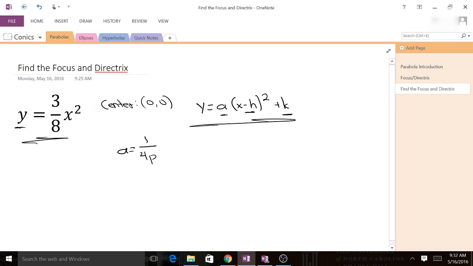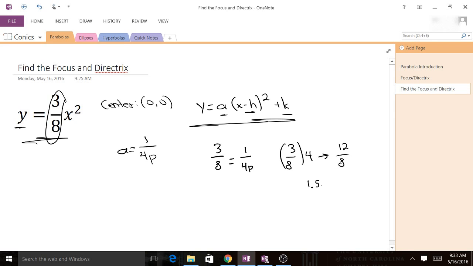That's the formula we need to use because we're given a. A is whatever is in front of the squared term, which in this case is x squared. So we have 3/8 equals 1 over 4p. Then we multiply 3/8 by 4. We get 12 over 8, which is the same as 1.5.